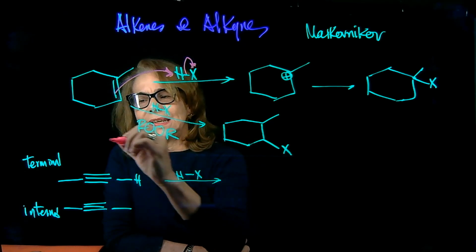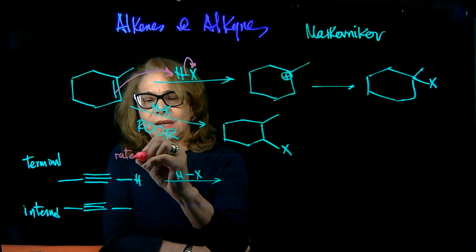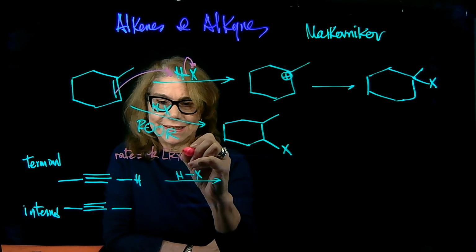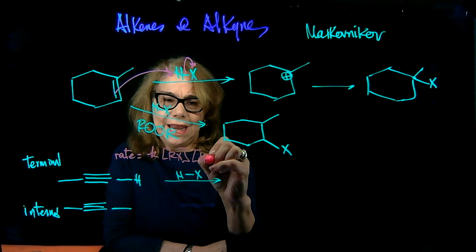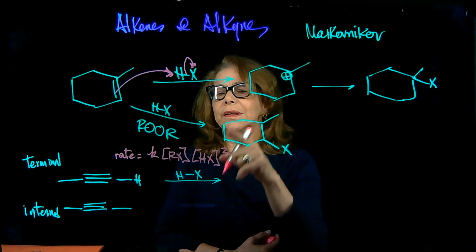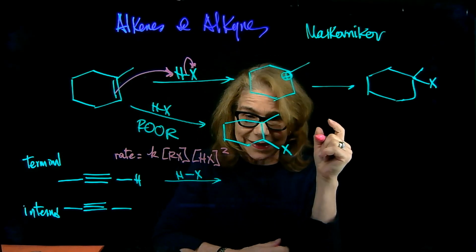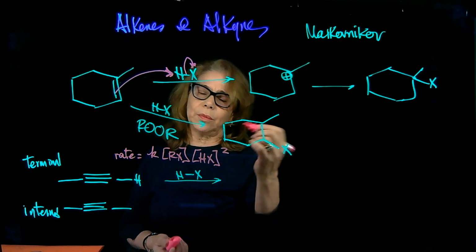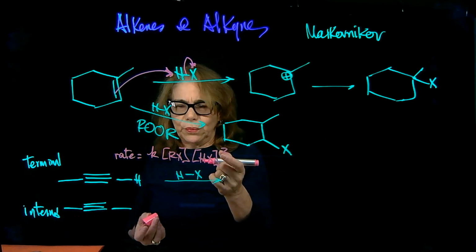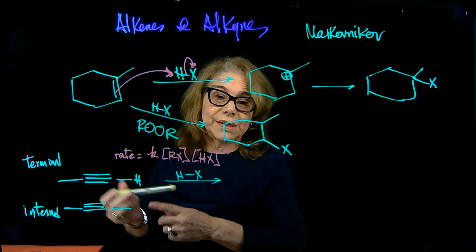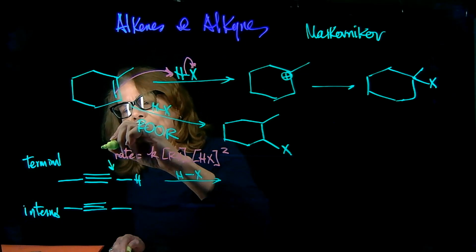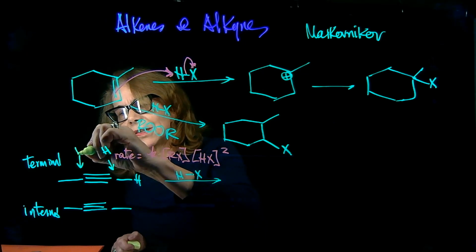In alkynes, the rate of this reaction depends on the concentration of the alkyne and on the hydrohalic acid squared. That is because the second molecule will assist with stabilizing the carbocation. But what we need to remember when predicting products is that we will add Markovnikov, so H here and X here.